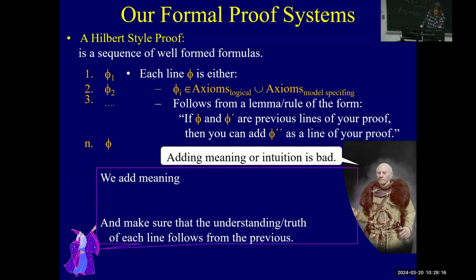And then the question is whether you want to have meaning there or not, right? Here I'm just adding meaning, saying, well, this means, right? One thing about my proof system, which I've been adding to, is that I wanted every line of the proof to have an understandable meaning, right?